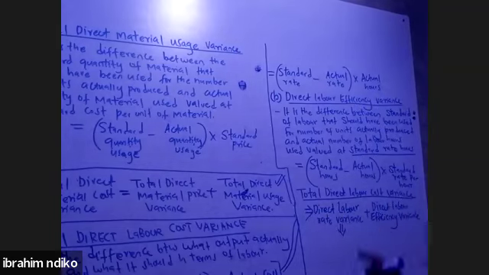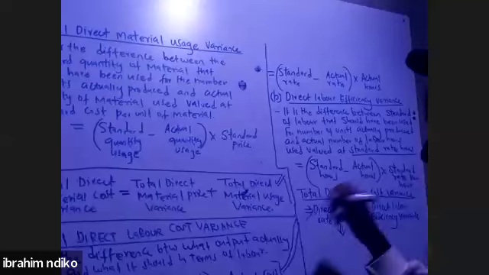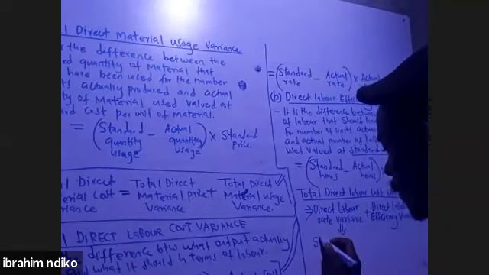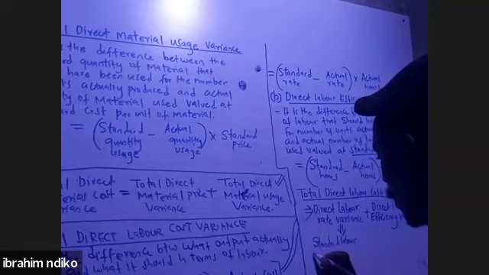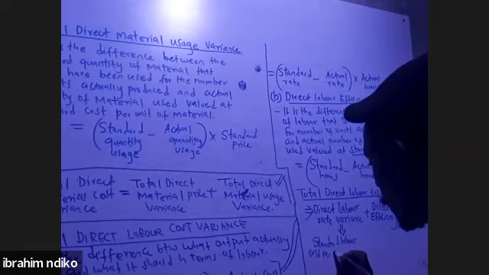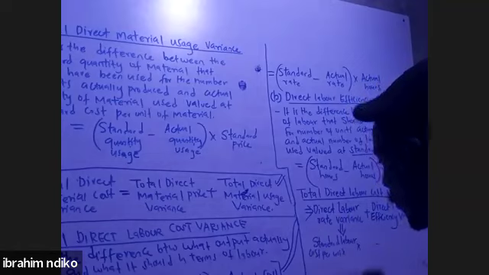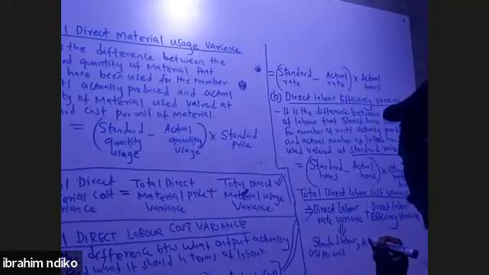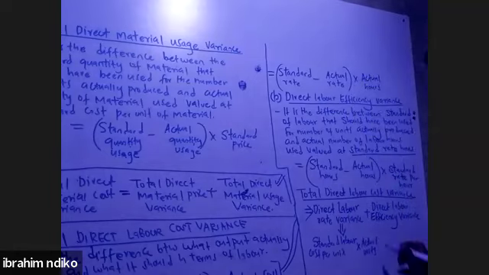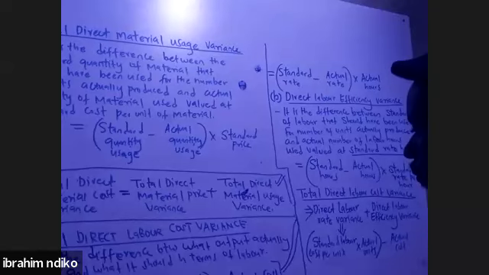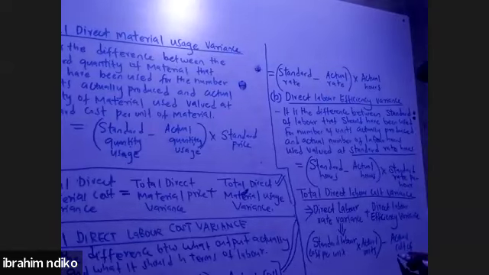Acha tuwakumbushe hapa. So kama unataka kutumia hii yenye ilikuwa nimepeana ya kwanza pale, ilikuwa inaenda standard labor cost per unit, we multiply with actual units, minus actual cost of labor.